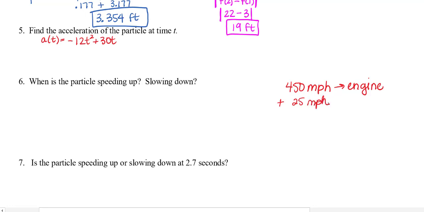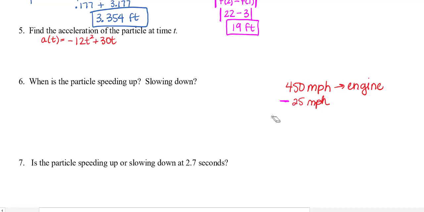Your actual speed then is 475 miles per hour. The acceleration is speeding you up. It's going with you. Versus if you have a headwind and that wind is coming at the front of the plane, it's subtracting from your speed or slowing you down. So I want you to think of it in that way.